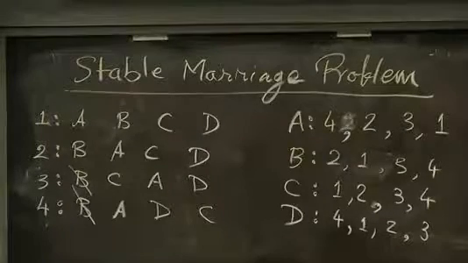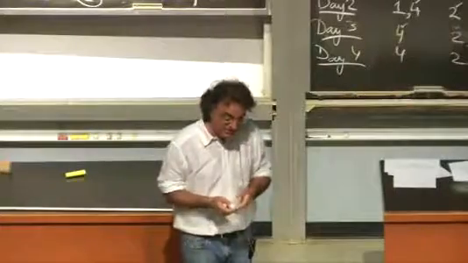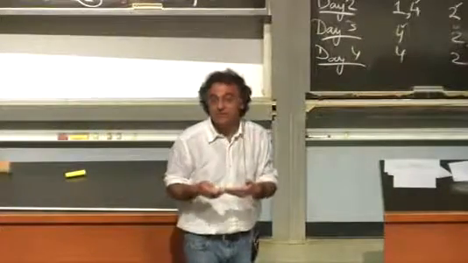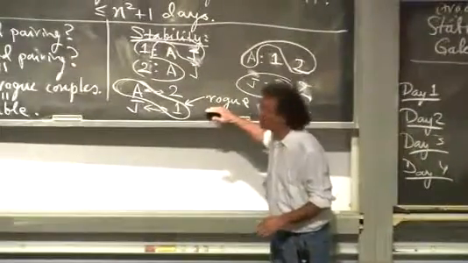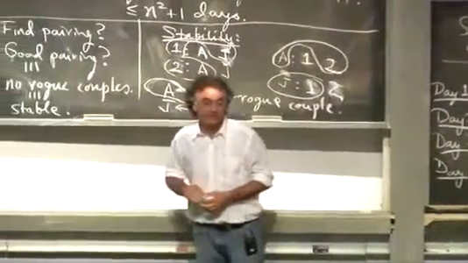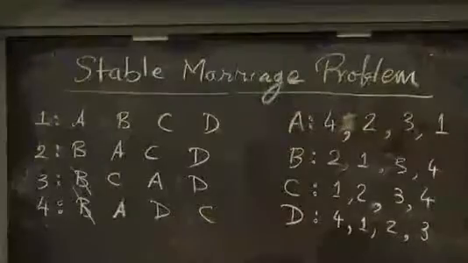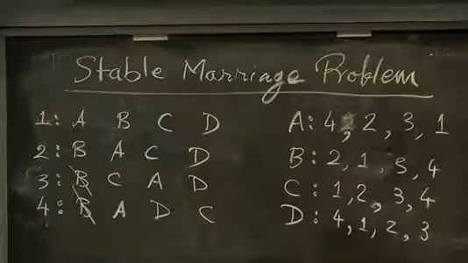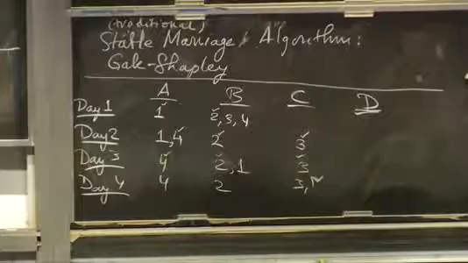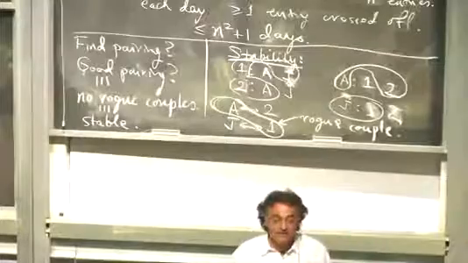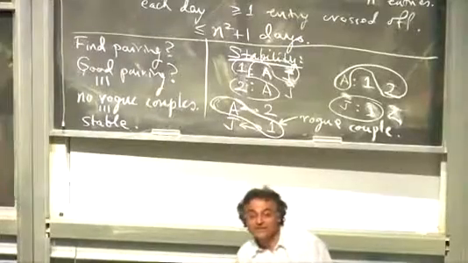We are given this list of n men and n women with preferences. What we are trying to do is come up with a pairing which satisfies this condition, that there are no rogue couples, and therefore it's a stable pairing. And the claim is this particular algorithm that we came up with has the property that it always produces a pairing, and the pairing is always stable.